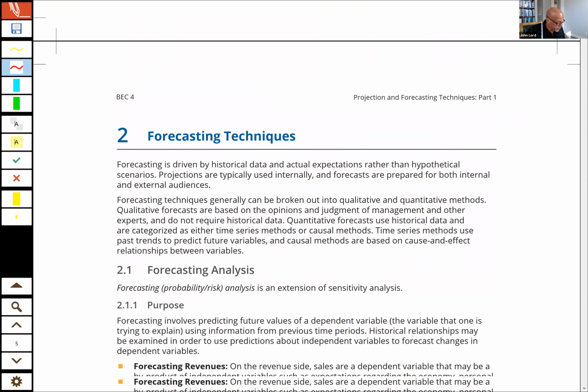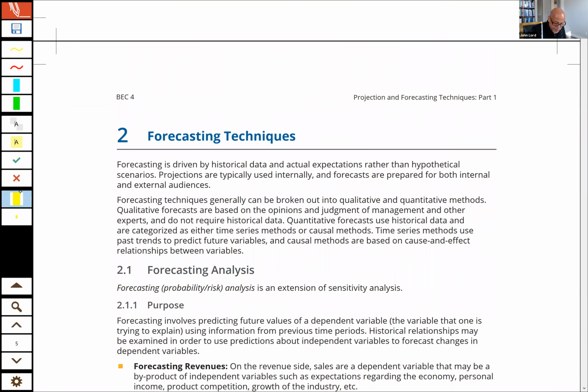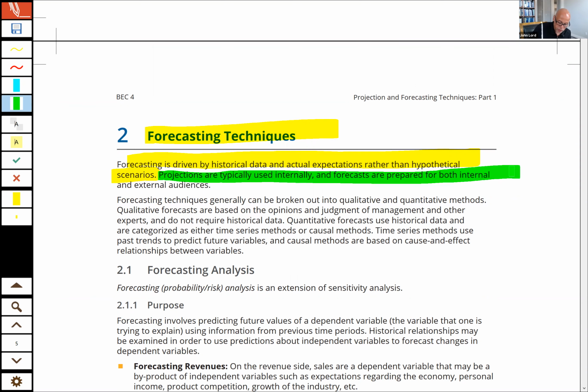Okay. Now we talk about forecasting techniques. Forecasting is driven by historical data and actual expectations rather than hypothetical assumptions, which is what we see for projections. And they tell us what I actually already had you flashcard.